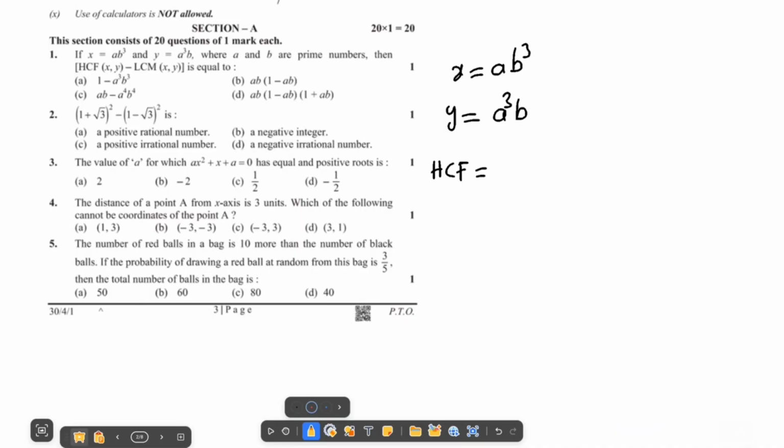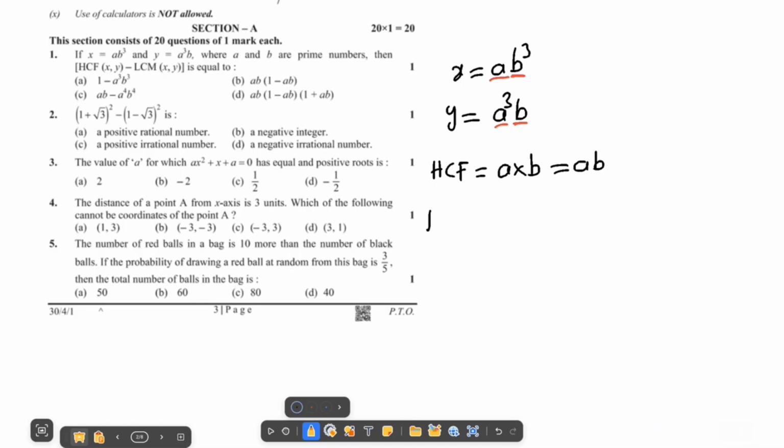So here a is common, a is in x and a is also in y, and the lowest one is a. And also b is common, b is in y and b is also in x. So what is the lowest? b is the lowest. So therefore HCF is equals to a into b, ab.